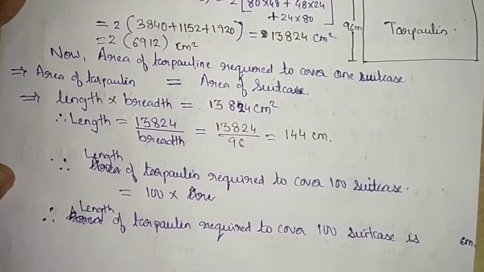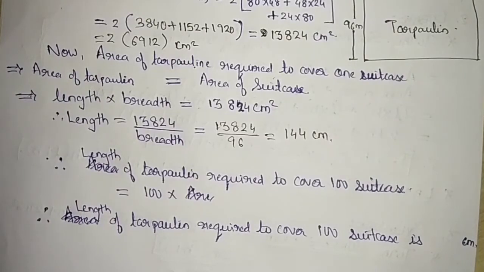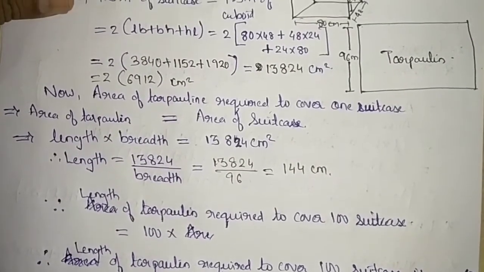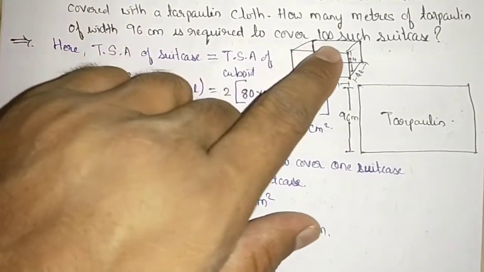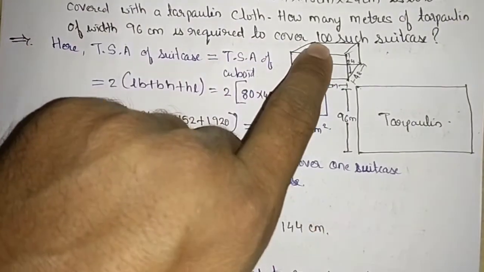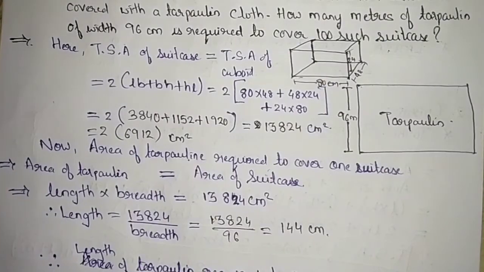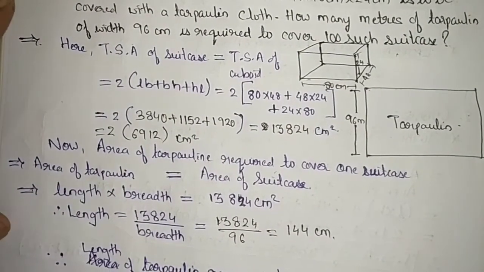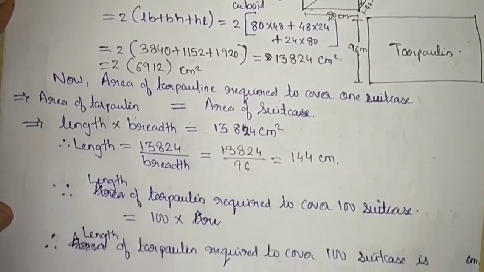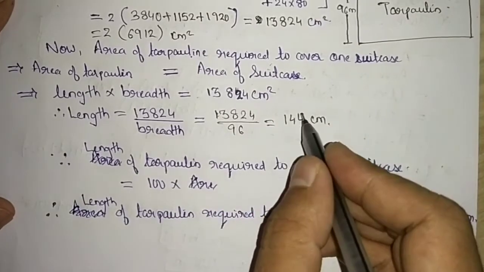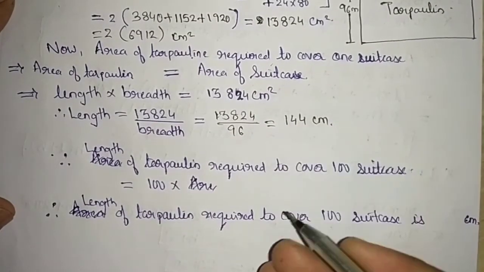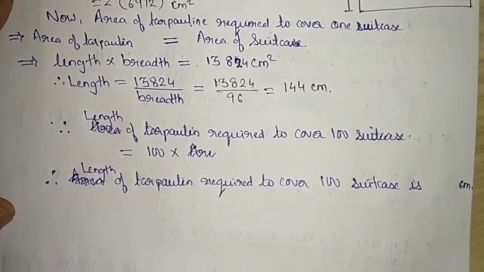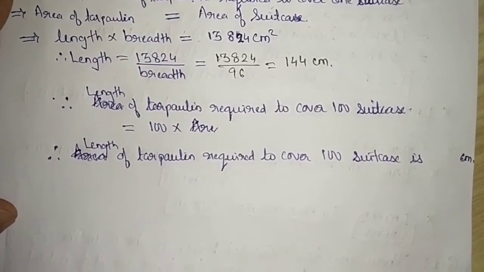144 centimeter. But wait, this is the length for one suitcase, and we are interested in the length for 100 such suitcases. So we will multiply 144 with 100, and the resulting answer will be the length required for 100 suitcases.